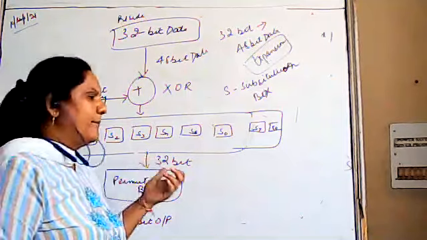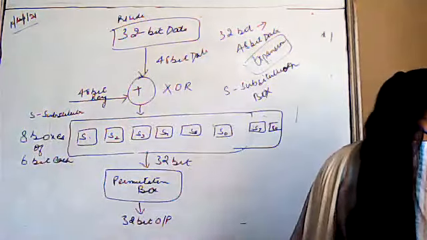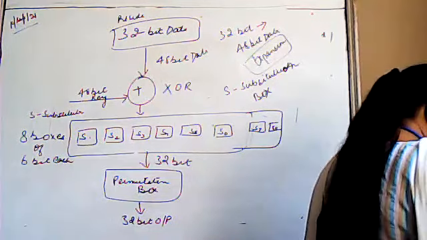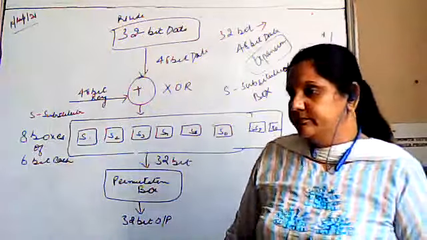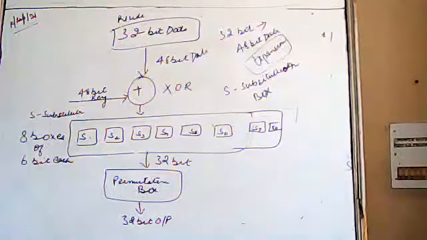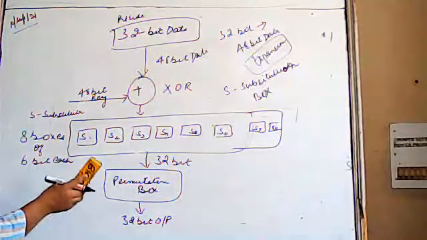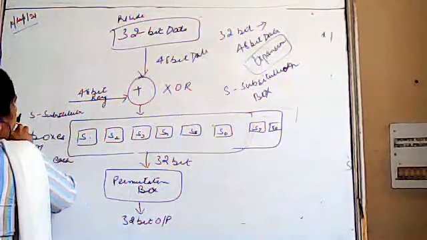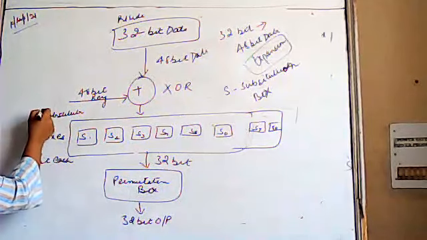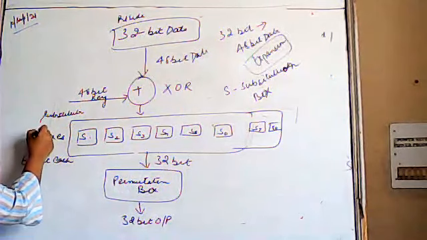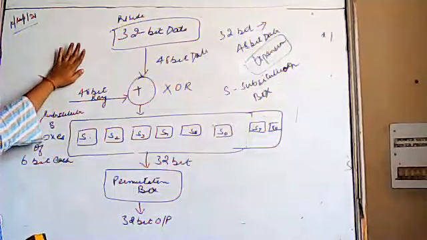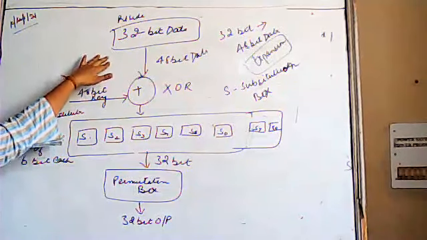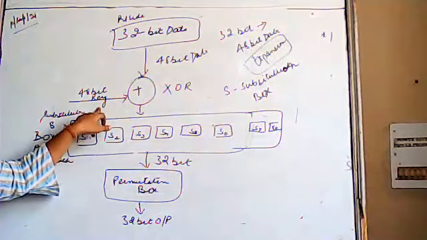Now, what happens inside the expansion box? I repeat again. This is the 32-bit data from the right side. It needs to be expanded to 48 bits before performing the XOR with the 48-bit key.